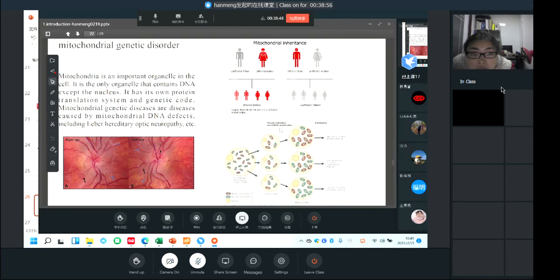After the mitochondrial amplification, some cells may have no mutant mitochondria or have little mitochondria, then it will have no symptom of this disease. And if the cell in the patient has a high level of the mutation mitochondria, then it will affect this disease.